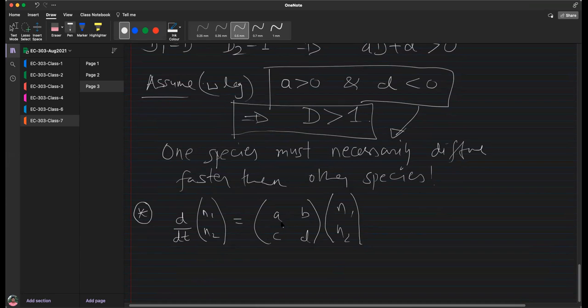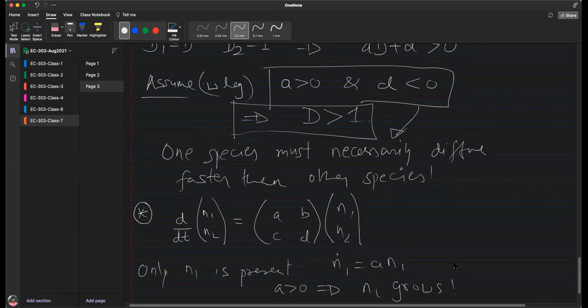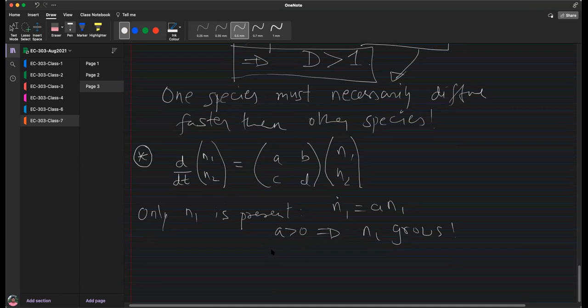Consider only one species being present, okay? Only N1 is present. Then what happens? You have N1 dot is equal to A N1, right? Since A is positive, what does that mean? N1 grows on its own. So we call them autocatalytic, okay?